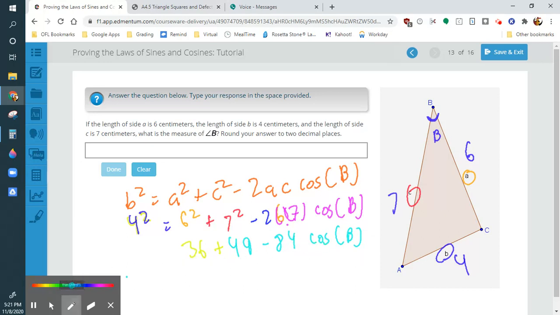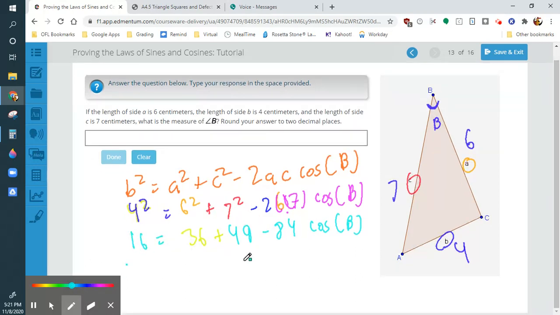So what we're going to do here is this ends up being 16 because 4 squared is 16. Now I'm going to add those two together.